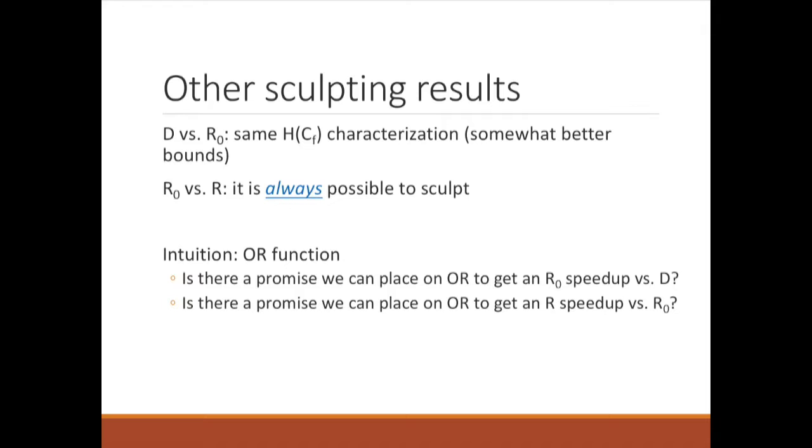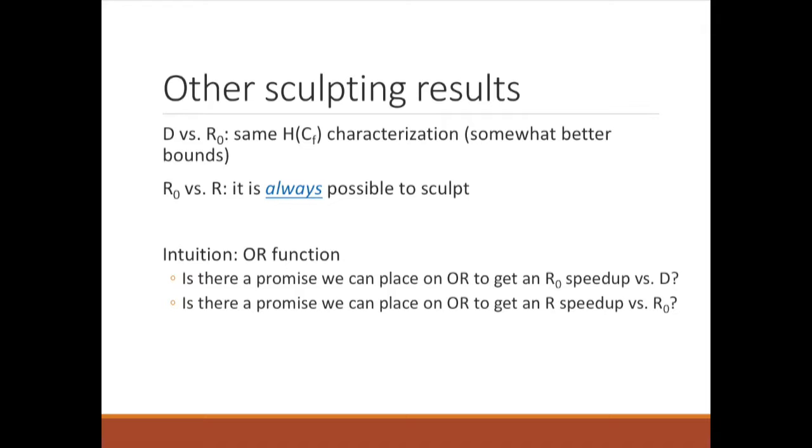I can be pretty sure it's the 0 input and not the half ones input if I query randomly and keep seeing zeros. But if I want to be completely sure, I'm going to make n queries. If I am OK with bounded error, then I can just solve it in constant queries. In constant queries, I'll see no ones. I'll know that the input is probably the 0 input.